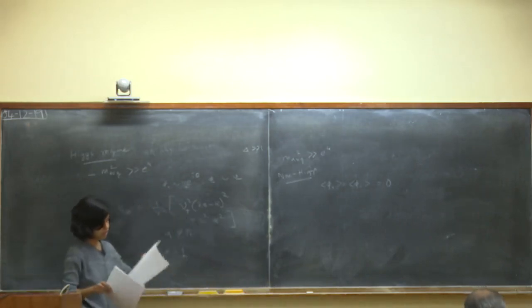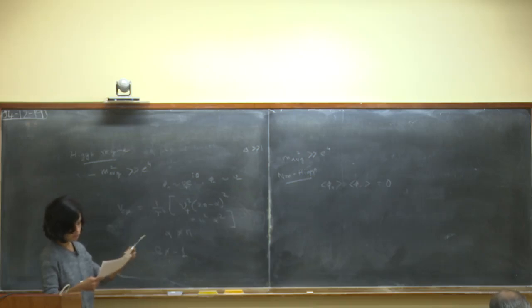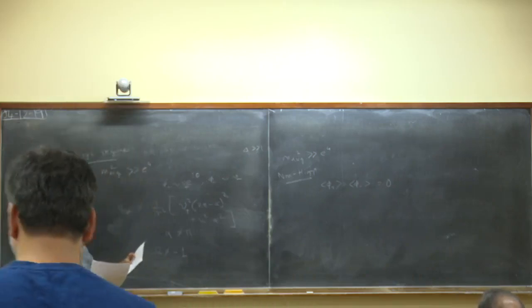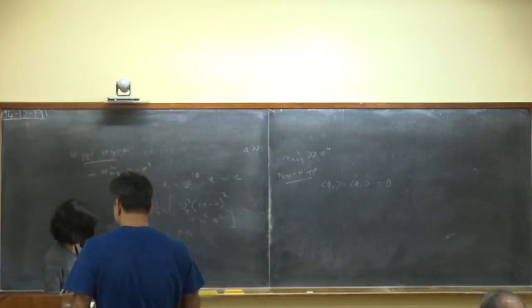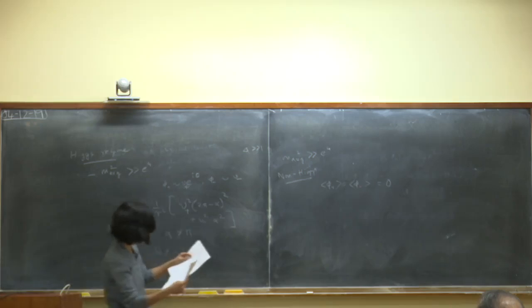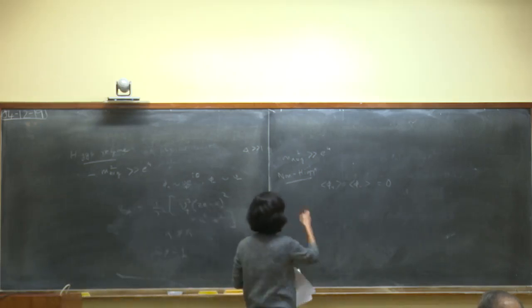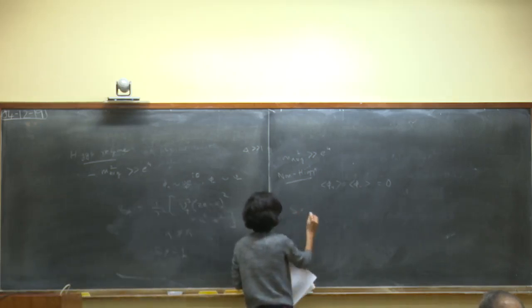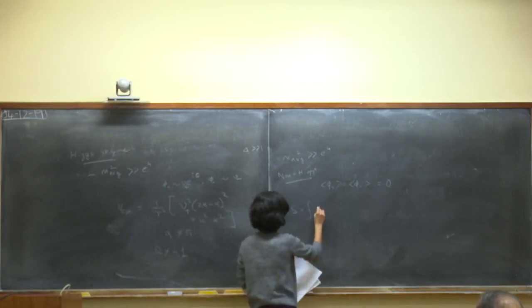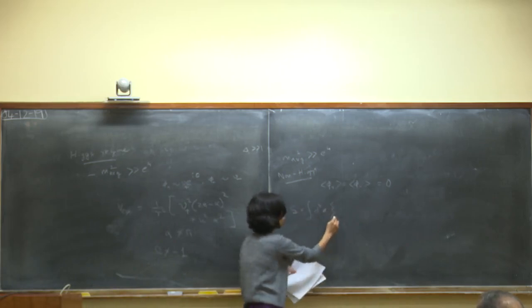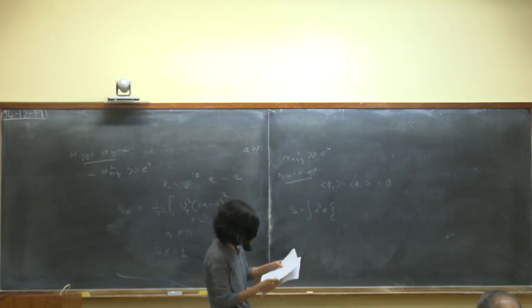It's going to be useful if we work in the dual frame in this case, and I'll write down the Lagrangian in that case. So here is the action in terms of the dual photon field.